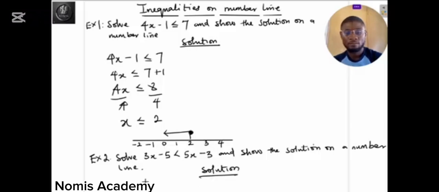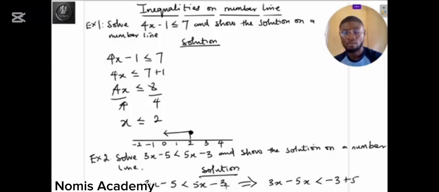If we have 3x minus 5 less than 5x minus 3, we'll collect like terms and it will become 3x minus 5x less than minus 3 plus 5. I left minus 3 here and brought minus 5 to the other side, and it becomes plus 5.